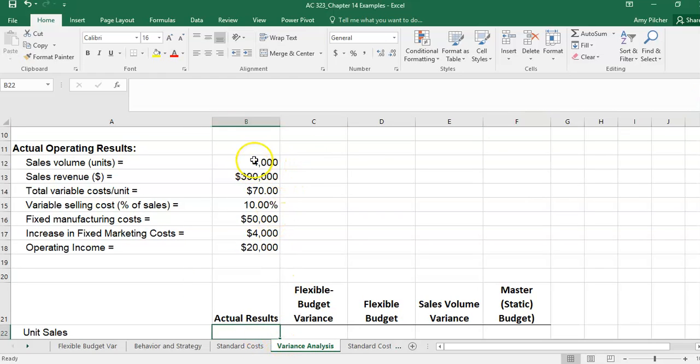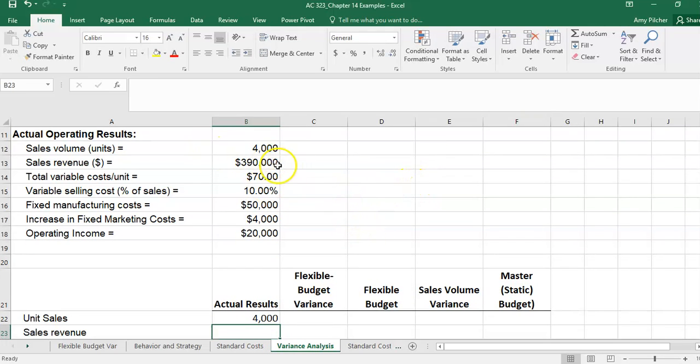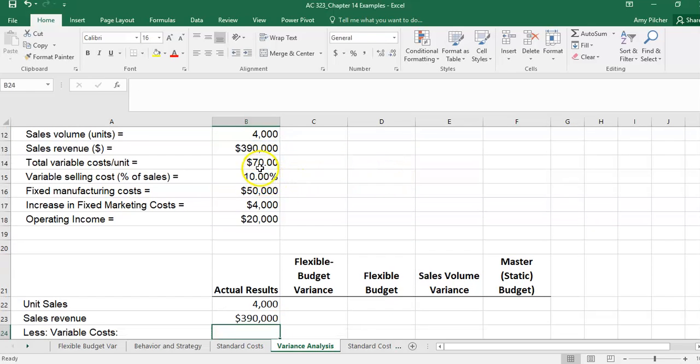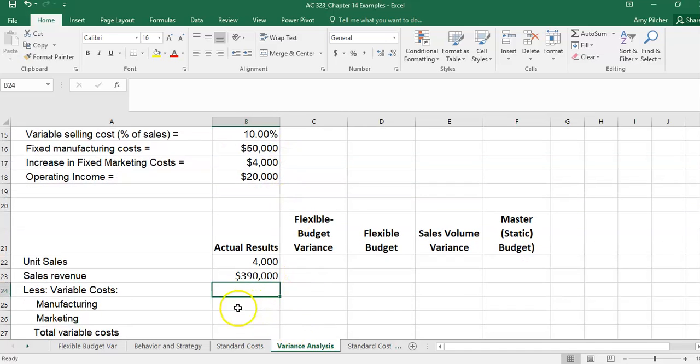So we have actual sales volume was 4,000. Our actual sales revenue was $390. Our total variable cost per unit is $70 per unit. So that's our total.